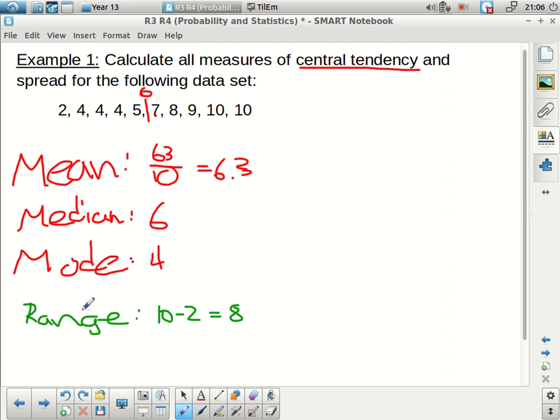Okay. We also talked about quartiles. So the first quartile is found by just looking at the bottom half of the data, so my 2, 4, 4, 5, and finding its median. There is a specific center here, it's the 4, so my first quartile is 4.